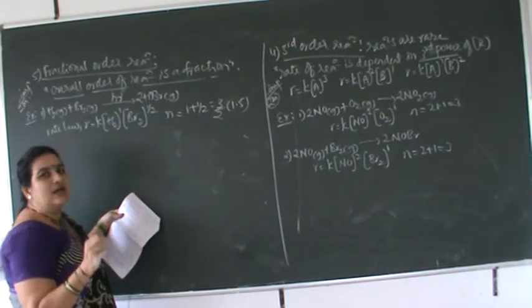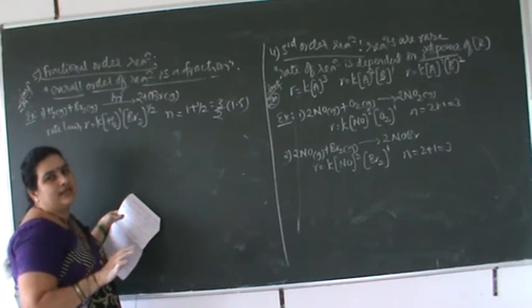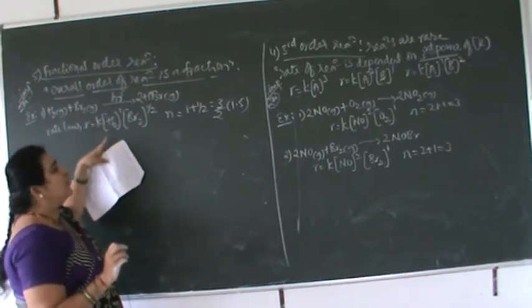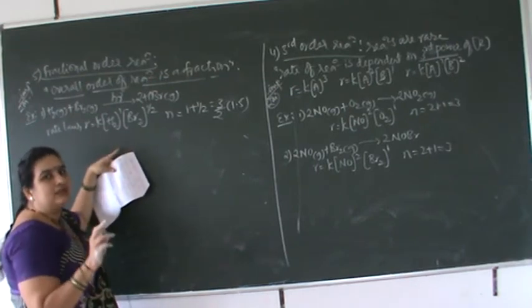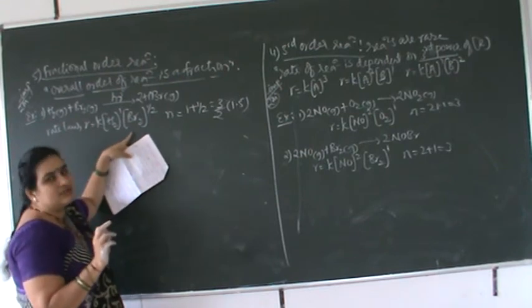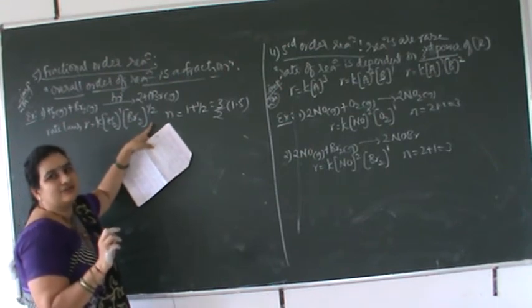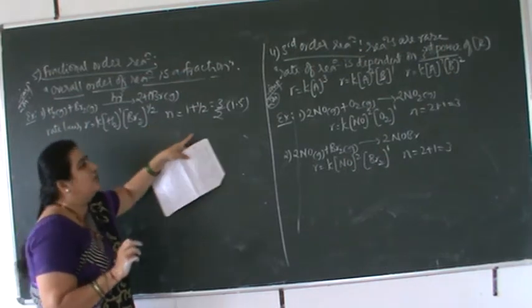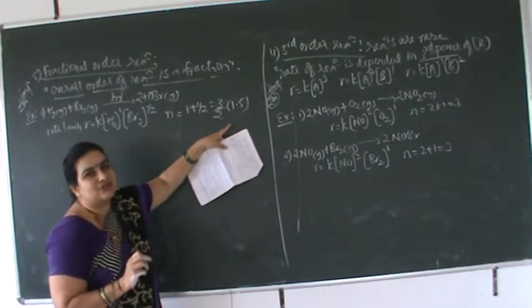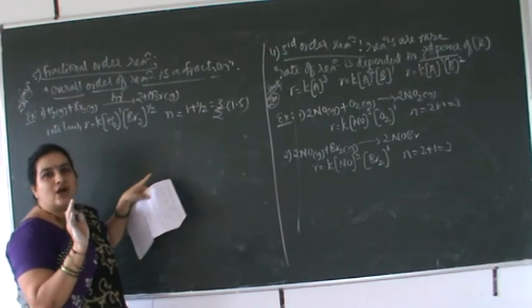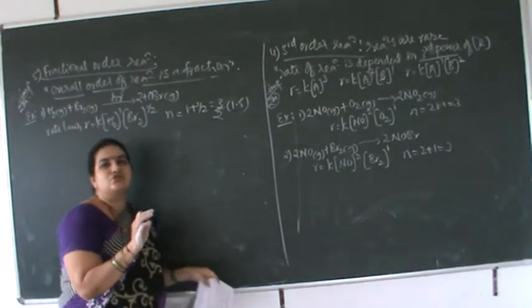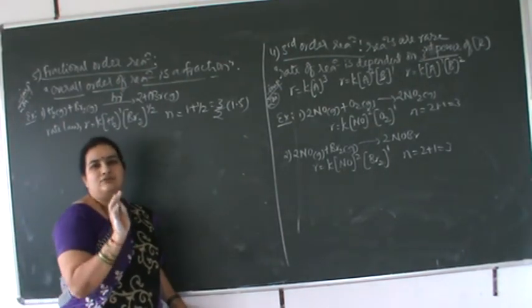So see here, in the fractional order reactions there may be 2 or more than 2 reactants, and with respect to one reactant we have a fractional power, so that the overall order turns out to be a fractional value. It is not necessary that all the reactants should have a fractional order value.